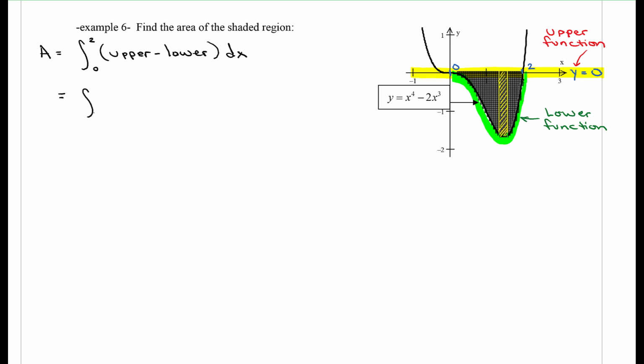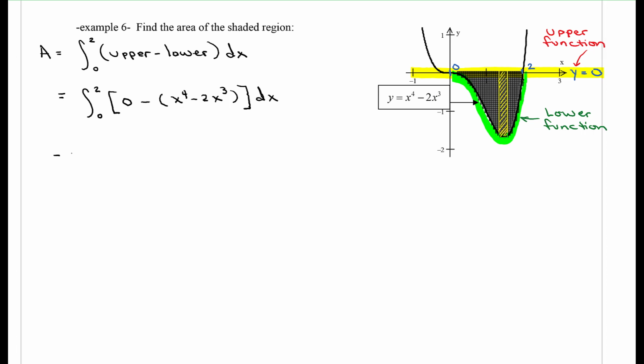So this is going to be equal to the integral from 0 to 2 of open a set of square brackets 0 minus open a set of parentheses x to the 4th minus 2x cubed. We're going to close the parentheses and close the square brackets and write dx.